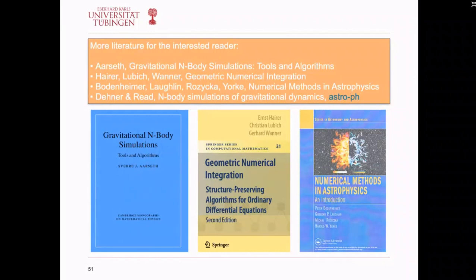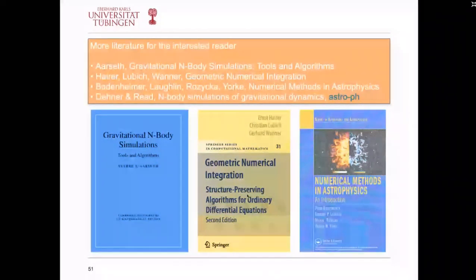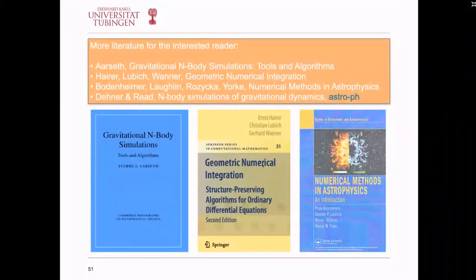Then there is a nice book on geometric numerical integration from mathematical colleagues here in Tübingen, Gerhard Wanner and Christian Lubich. They focus on structure-preserving algorithms for ODEs. They have nice applications in astrophysics, so it's worth looking into this book to see a mathematical point of view of the whole problem.